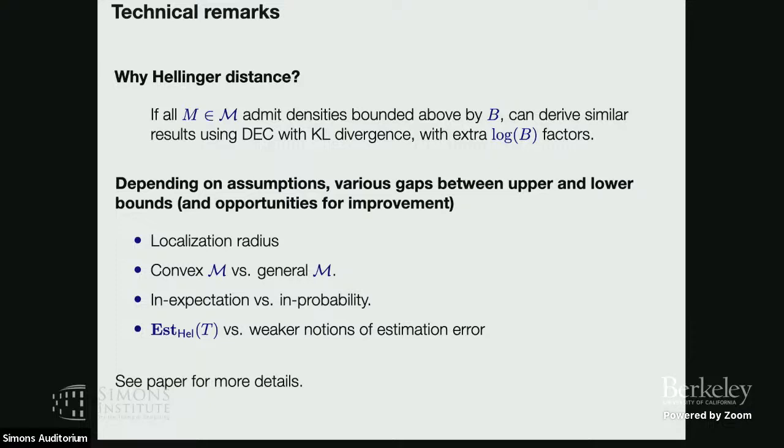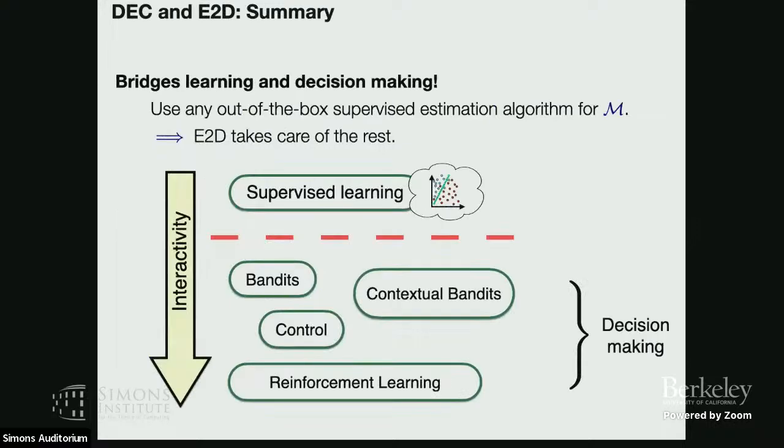Okay, let me zoom out and give a couple conceptual takeaways here. First of all, one thing that I find exciting about this is it gives a way of bridging the gap between learning and decision making.